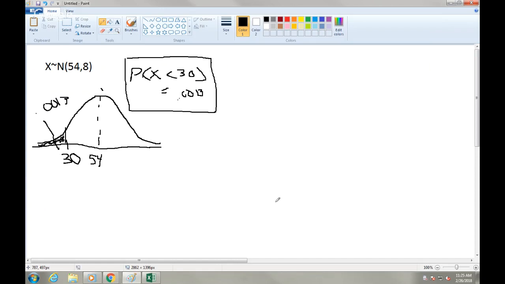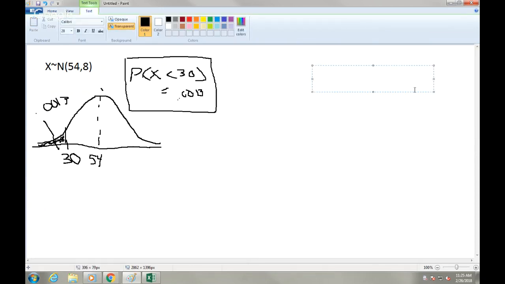Instead of norm dist and norm inv, it will be something like normal PDF. I'm not sure if there's a normal PDF inverse, or if the normal PDF will work both ways.